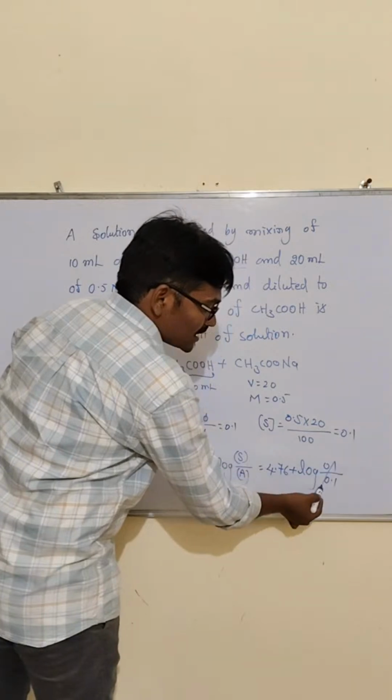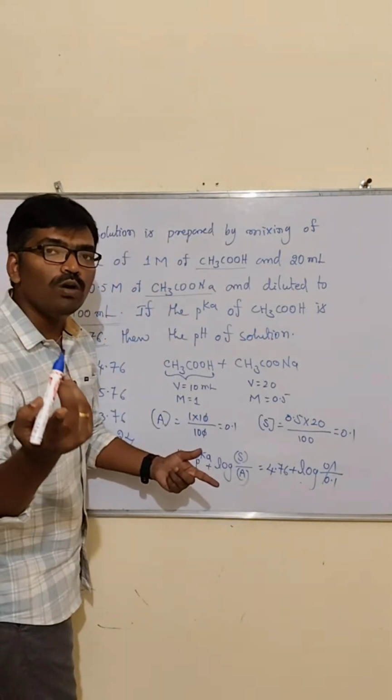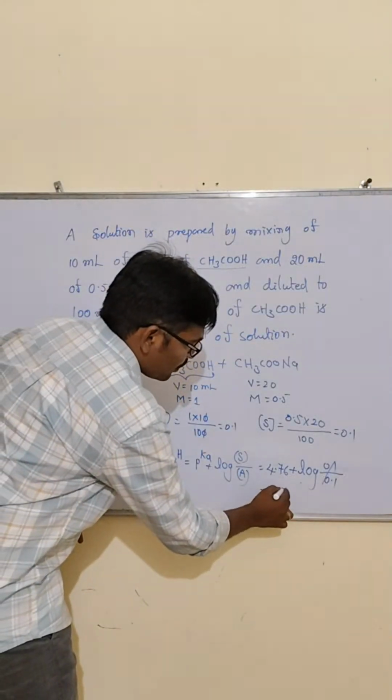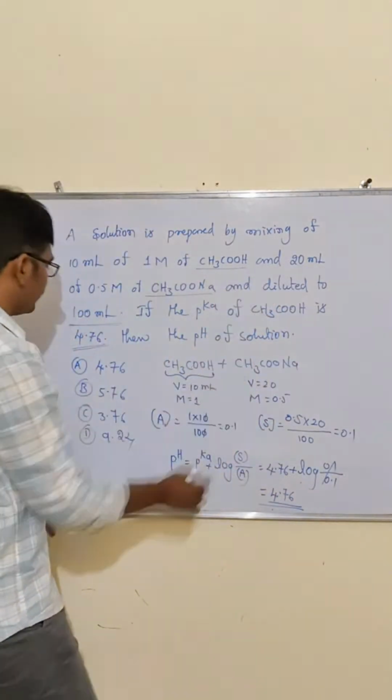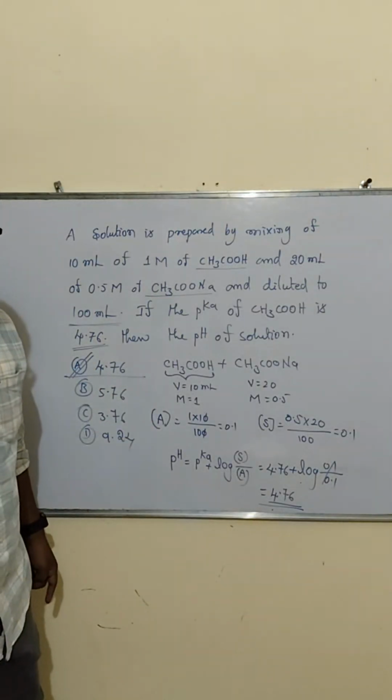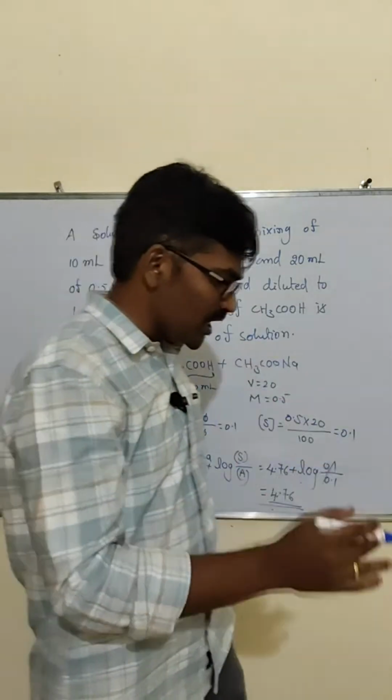When cancelled, log 1 value is 0. So the pH is 4.76. Clear all of you? So A, 4.76, is the answer. Understand? So note the question carefully.